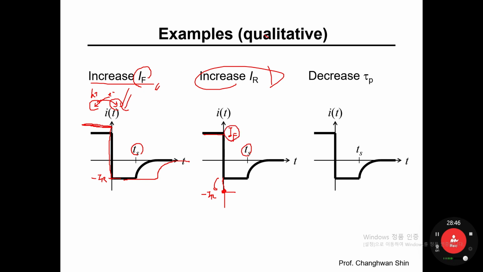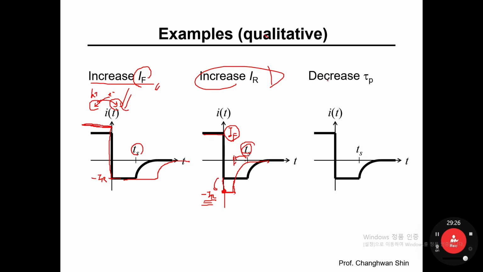For the same amount of excess electrons and holes stored in the quasi-neutral region, you're going to flow much higher current from N to P, so the total amount of holes and electrons stored in the quasi-neutral regions leaks out at a rapid pace, so the Ts value becomes shorter. So you will see this curve, okay? All right, so this storage delay time is very dependent on minus IR.